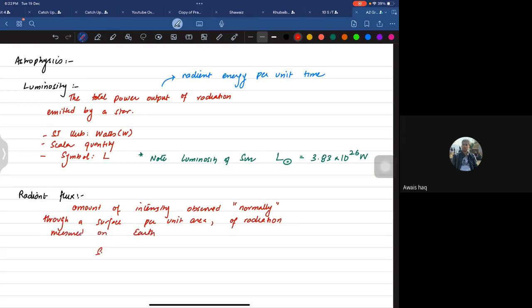The symbol for radiant flux is F, and the SI unit, because it is power transmitted per unit area, is watt per meter squared.